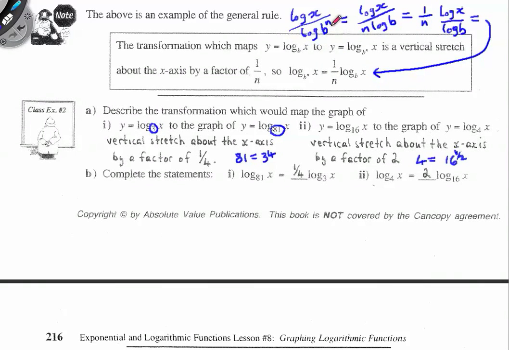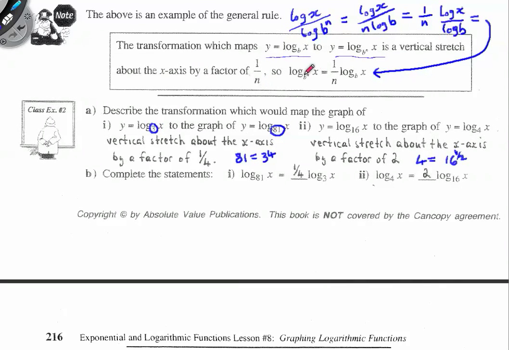So this is part 2 of lesson 8 in unit 3, and the general rule we've just been talking about is that y equals log x base b and y equals log x base b to the n are related by a vertical stretch about the x-axis by a factor of 1 over n.